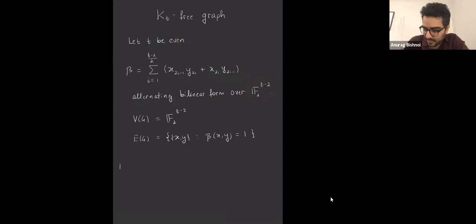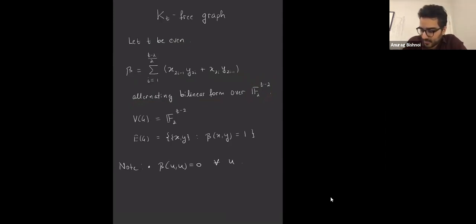In particular, let's just note this thing again, that beta of u comma u is 0 for all u. So it's an alternating bilinear form. If you just plug in x equal to y here, you get 0.